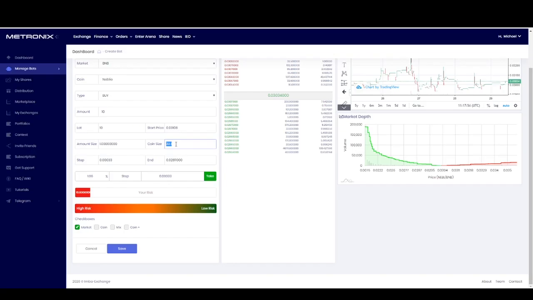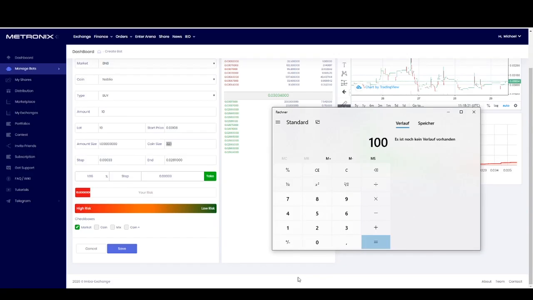You can ignore the point and the comma, and you only have to check these three numbers, and these three numbers have to be more than 200, because we will take out 1% of this amount, and 1% of 100 is, of course, 1.